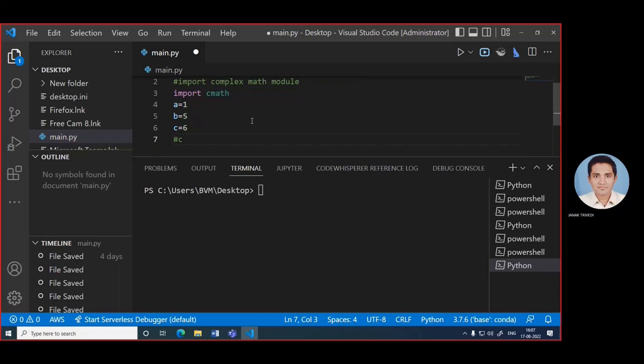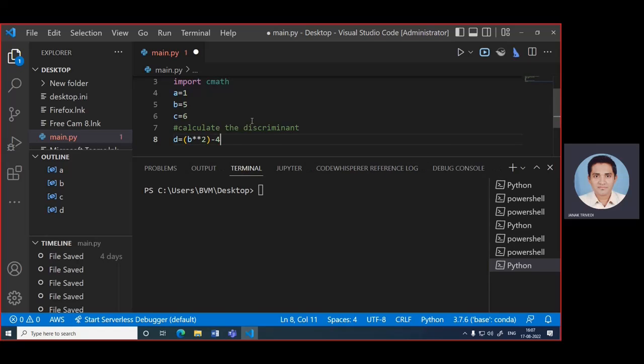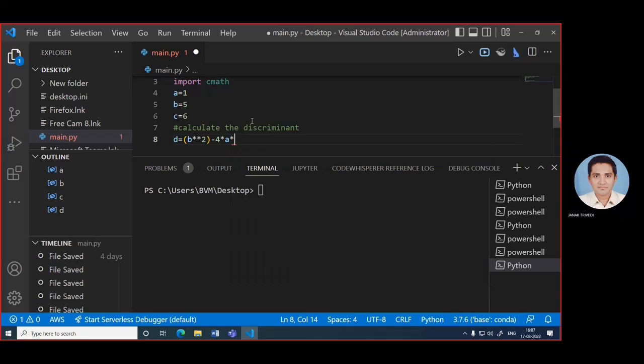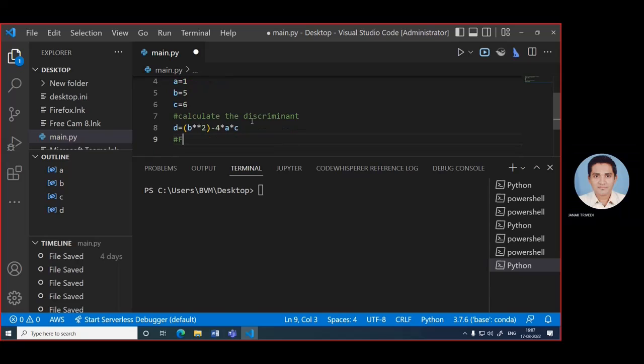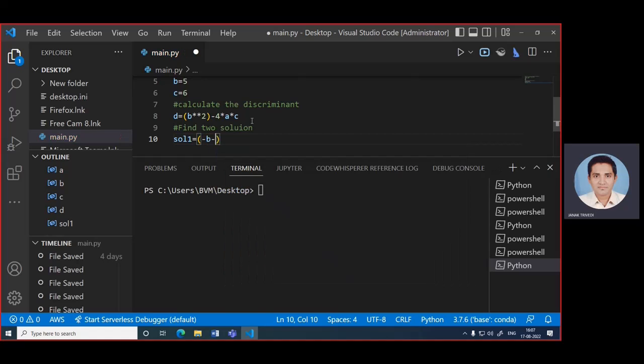Then calculate the discriminant d. Then solution 1 is minus b minus cmath dot sqrt, that is available, sqrt of d, divided by 2 into a.